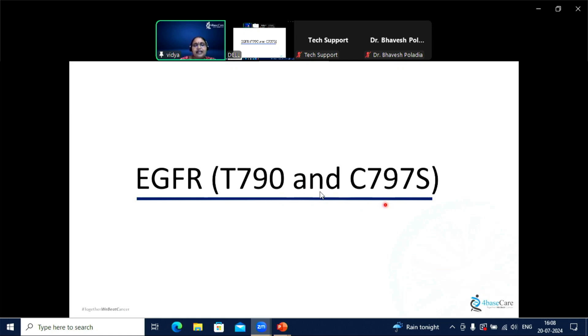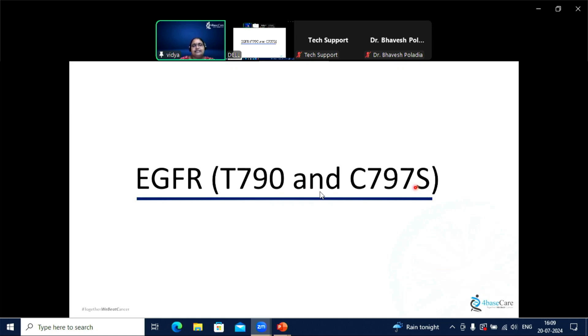Now, if these two mutations happen in the same strand or in different strands, that is what is meant by cis and trans. Same strand, as you know, when we do the sequencing of DNA, you keep adding nucleotides, right? So first the T790M mutation appears and then the C797S on the same DNA segment.